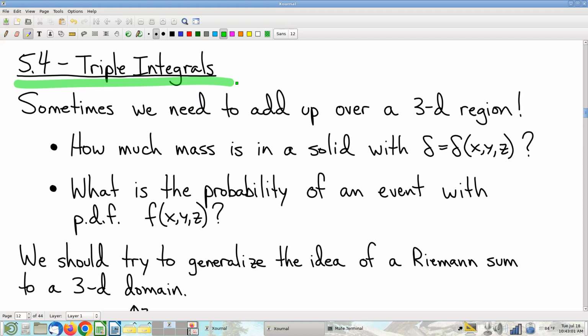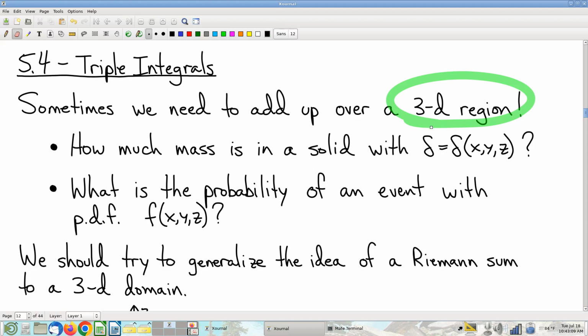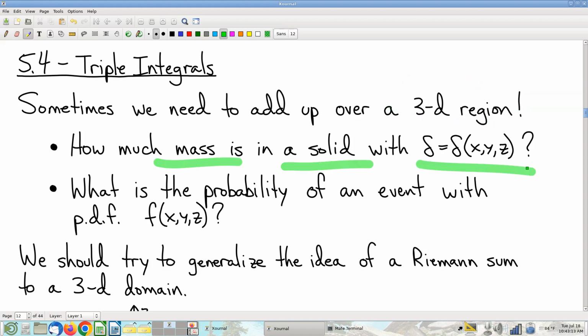We're going to do the same thing now with a three-dimensional region. Now, why would I want to chop up a three-dimensional region? Well, maybe there's mass distributed throughout a solid, where density is not only not constant, but depends on all three variables. So a wildly non-constant density in a three-dimensional region, not a two-dimensional region.